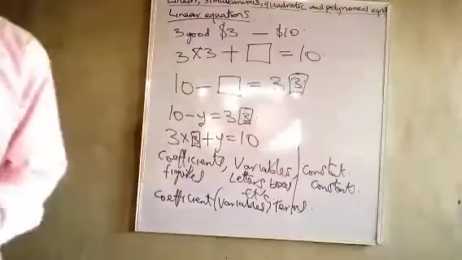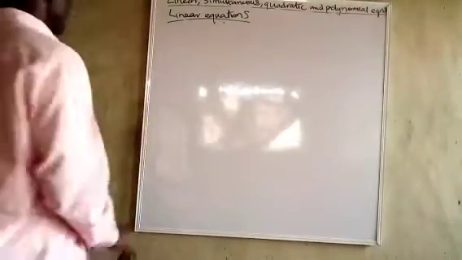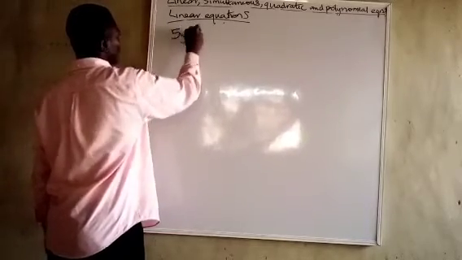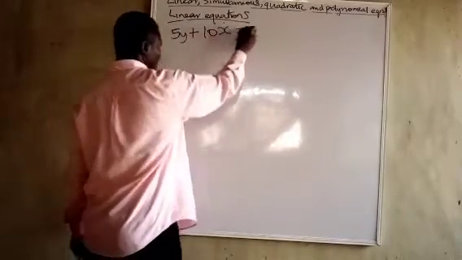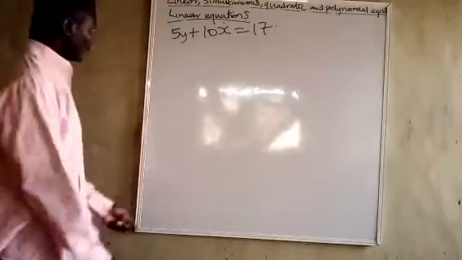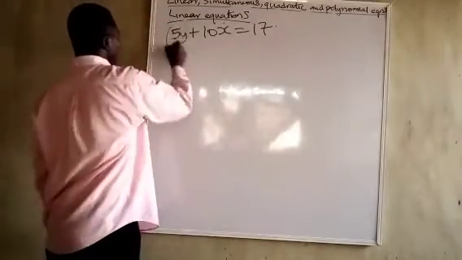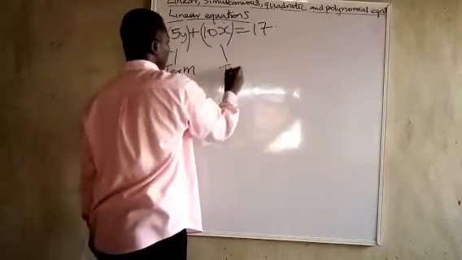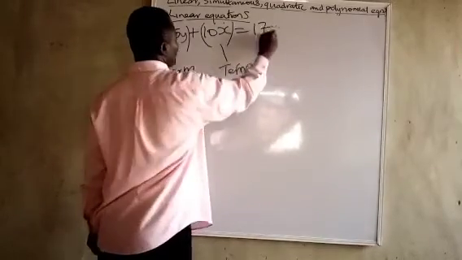Let's see what it's like. If I have an expression like this, 5y plus 10x is equal to 17, this 5y is a term, 10x is a term, and you know this one is a constant.